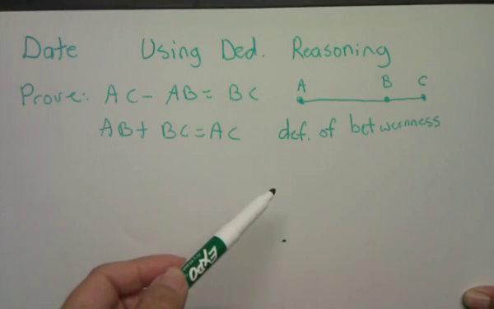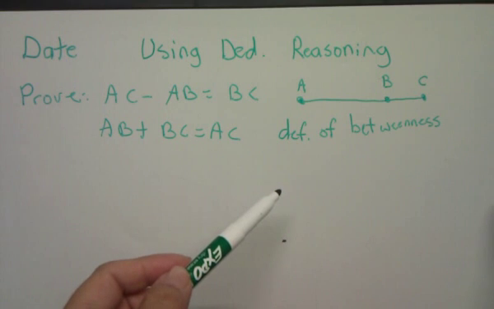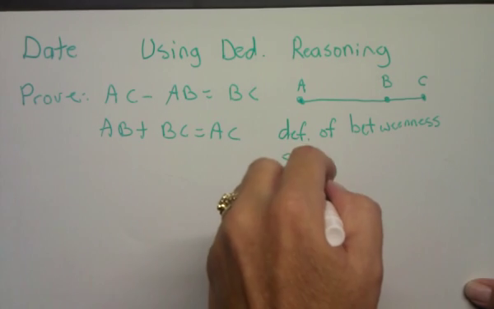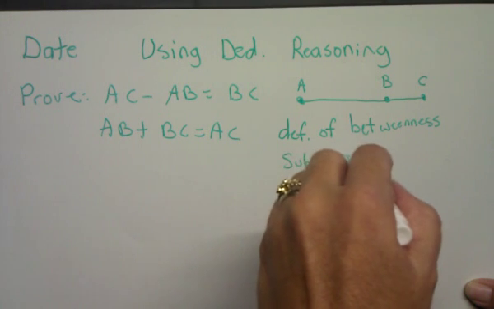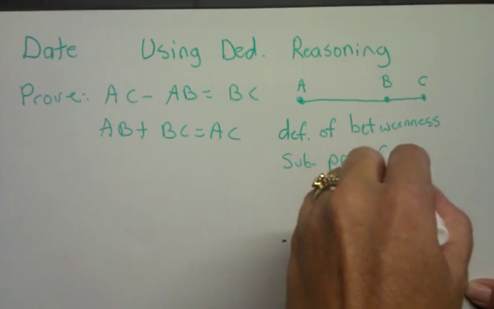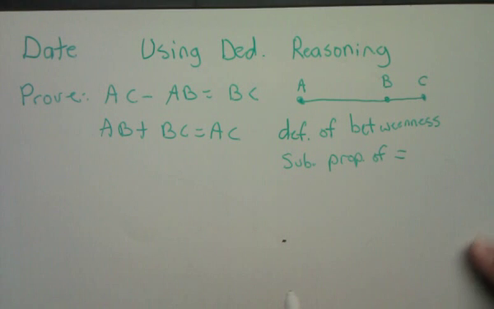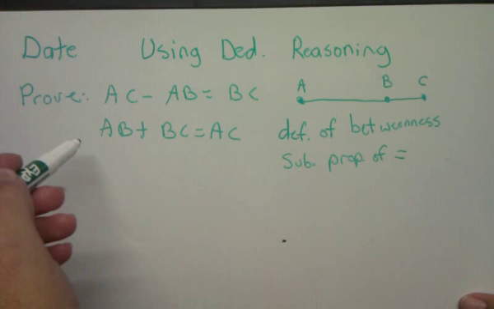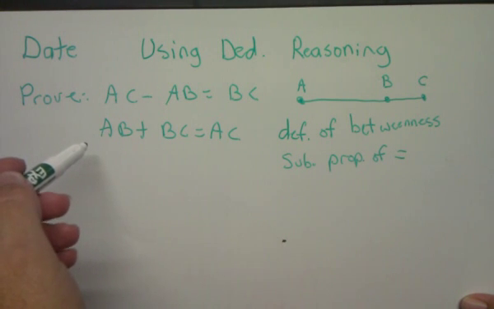Next, I'm going to have to use the subtraction property of equality. What that means is I have to subtract the same thing from both sides. Well, here I have AB added, so let's subtract AB.